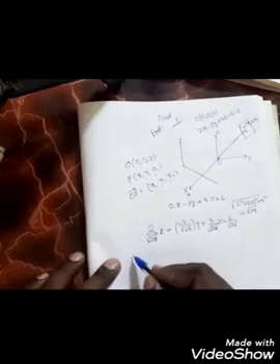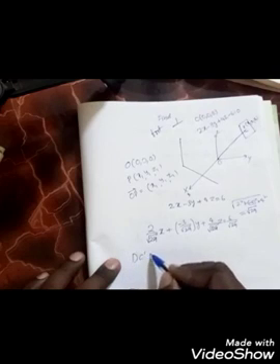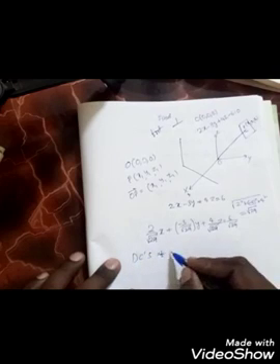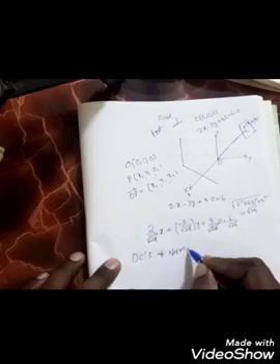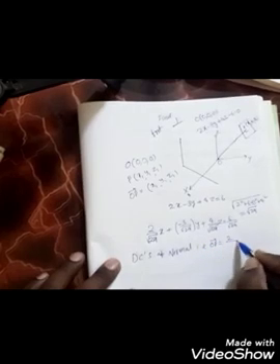Therefore, the DCs of the normal, which is OP bar, are 2 by root of 29, minus 3 by root of 29, 4 by root of 29.